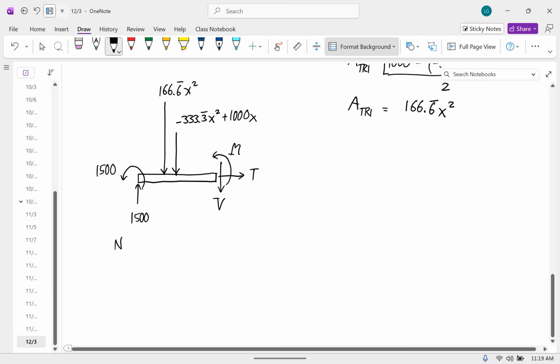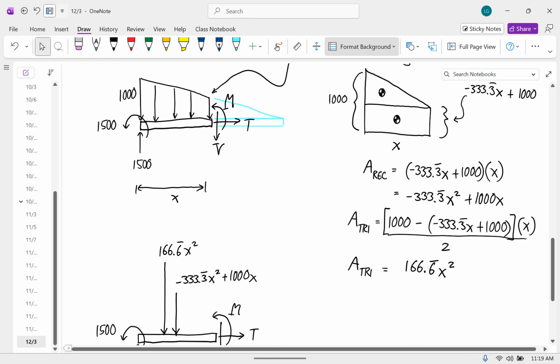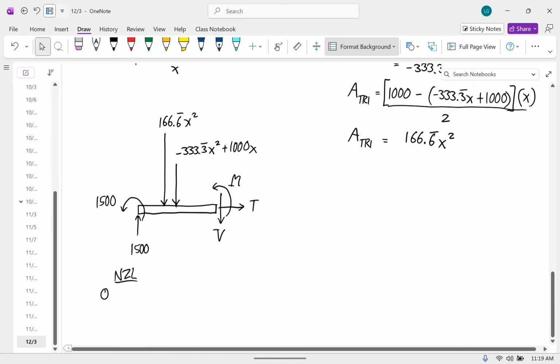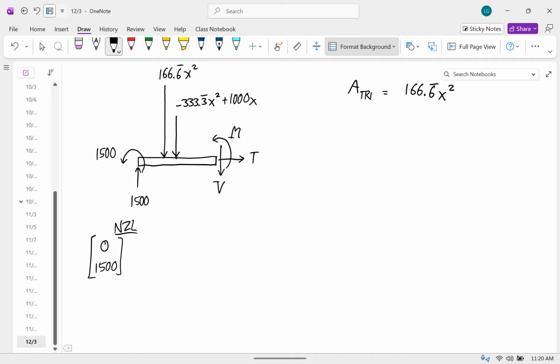And now Newton's second law. So we have 0, 1,500 for the force at the left end, plus this is a downward arrow, a downward unit vector times this function. So this is 0, negative 166.6 repeating x squared.